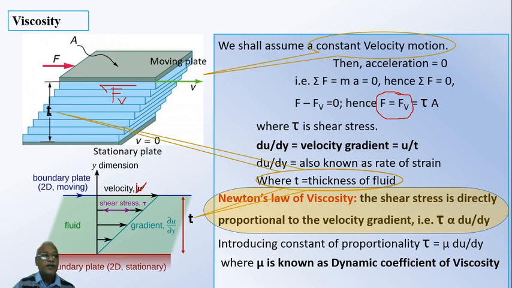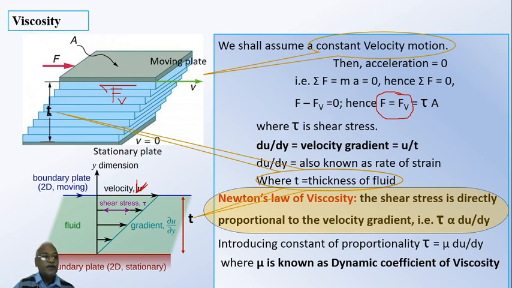On the upper diagram I have shown it as v, so it can be put as v, and as you go below, the velocity becomes less and less, and ultimately there is a stationary plate. What is the rate of change of velocity? It is v divided by t.